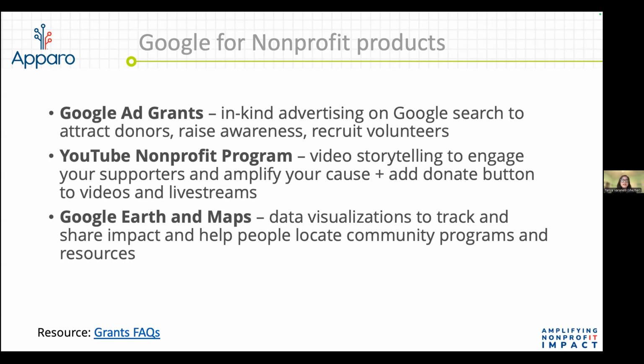There's Google Ad Grants, which if you're not taking advantage of, it's a really great thing to explore. It's in-kind advertising on Google Search. It has a value of $10,000 annually, and it will put your organization front and center to be able to reach more folks. And so that's a really great benefit to take advantage of.